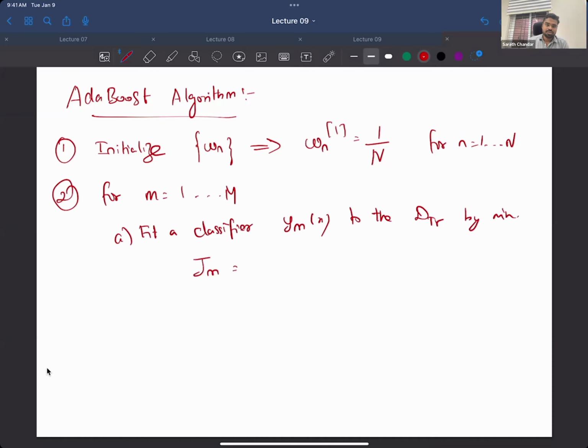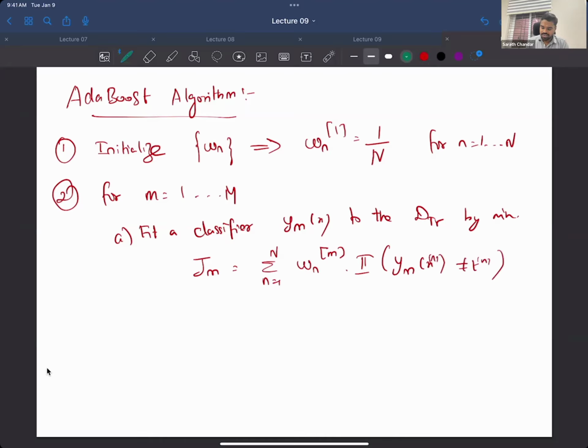The objective function I'm going to use is the weighted objective function: summation over n of Wn of m times the indicator function ym of xn not equal to tn. So I'm trying to minimize this function.